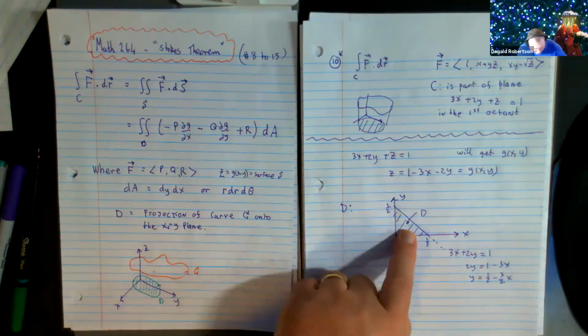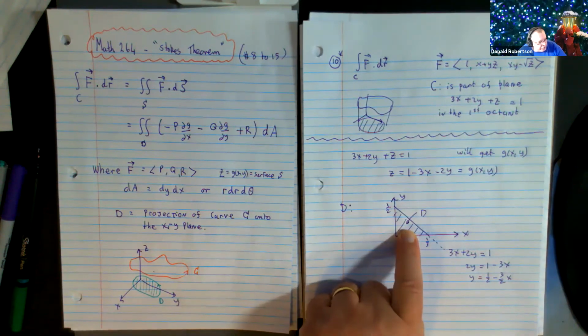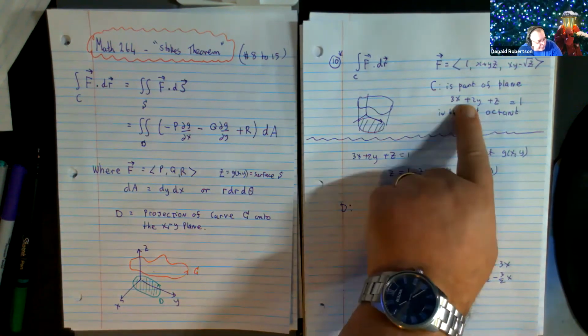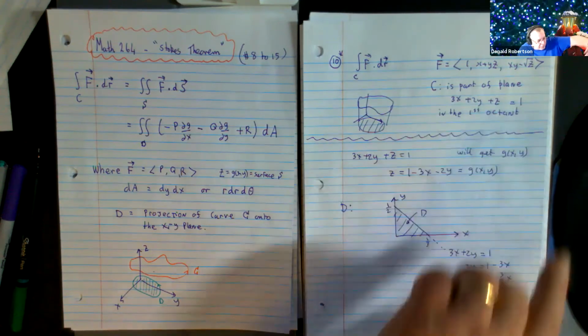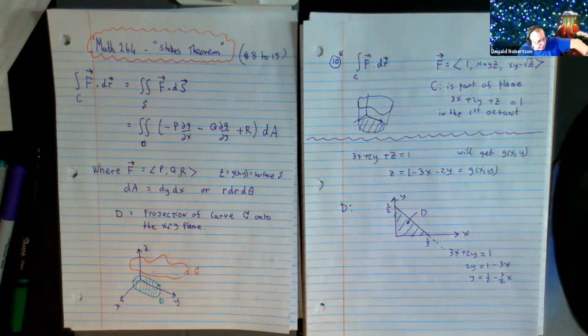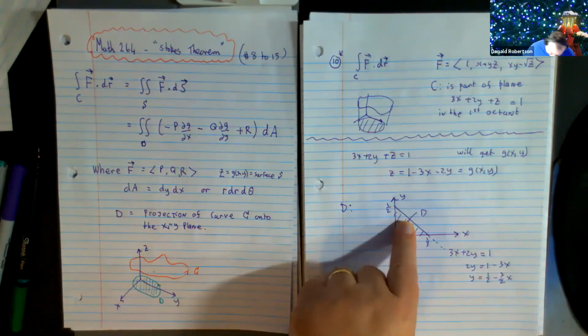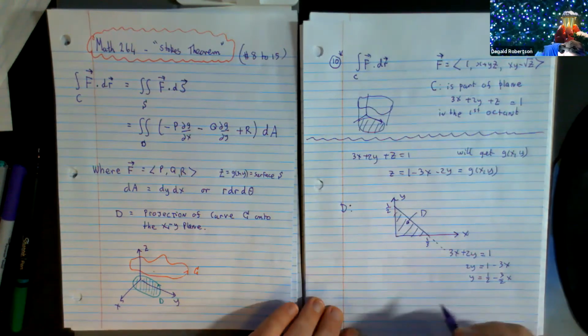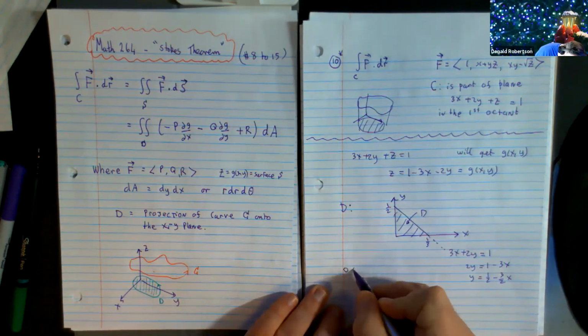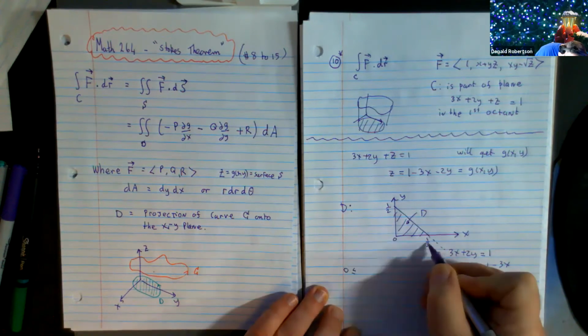Right, are we okay about how we constructed the region D from this information here? Can you imagine as the plane cuts through the first octant, it basically leaves a little triangle which projects down to the floor and looks like that. So we are going to set up D, and it's going to be x equals 0 to 1/3.